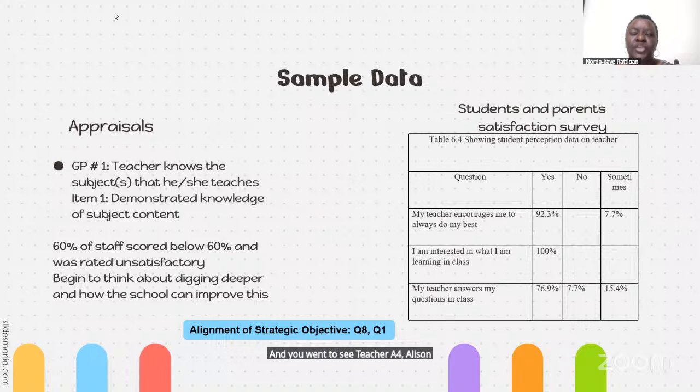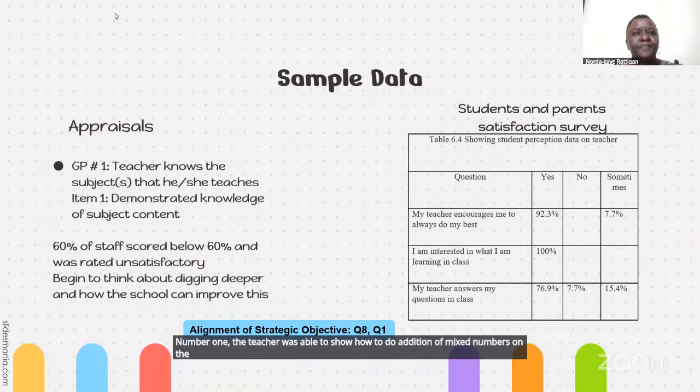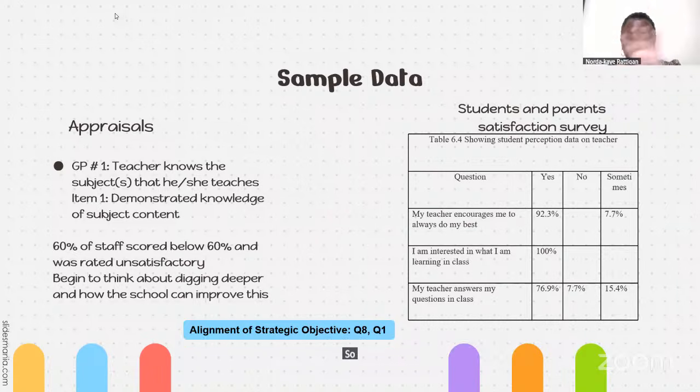Teacher A was teaching fractions, and the topic was addition of mixed numbers. Two things you picked up in the lesson. Number one, the teacher was able to show how to do addition of mixed numbers on the board. So she can show the students how to work it out on the board correctly.